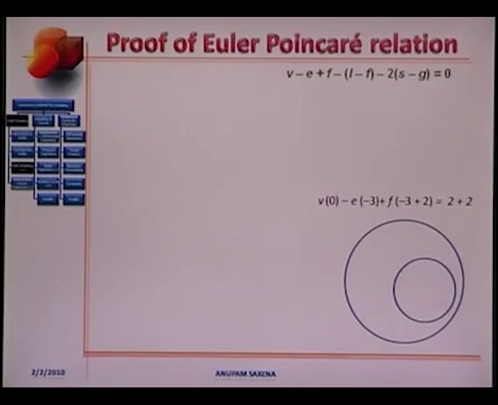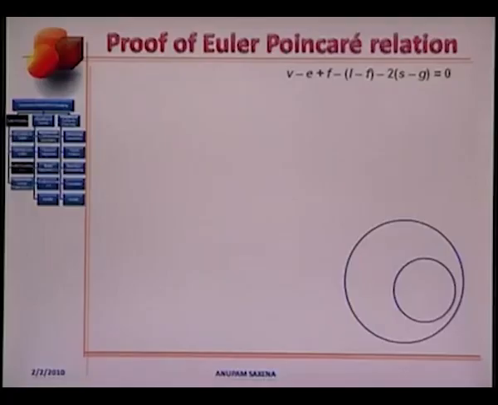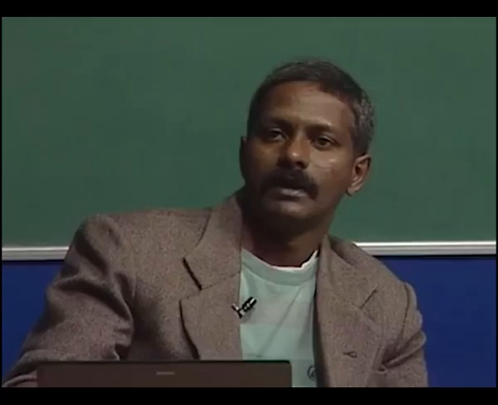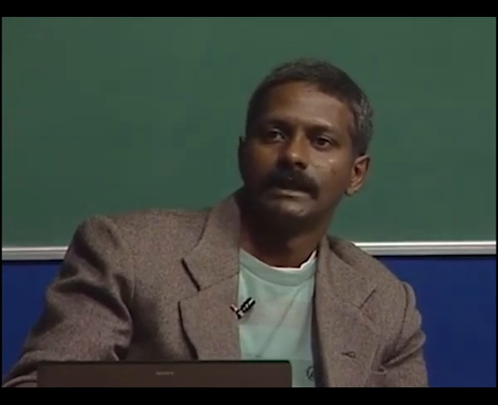I can keep on introducing spherical shells or spherical voids inside the parent sphere, which would help me generalize the right hand side of the Euler relation V minus E plus F as 2 plus 2 S prime. S prime would be the number of shells that I have introduced into the parent sphere.